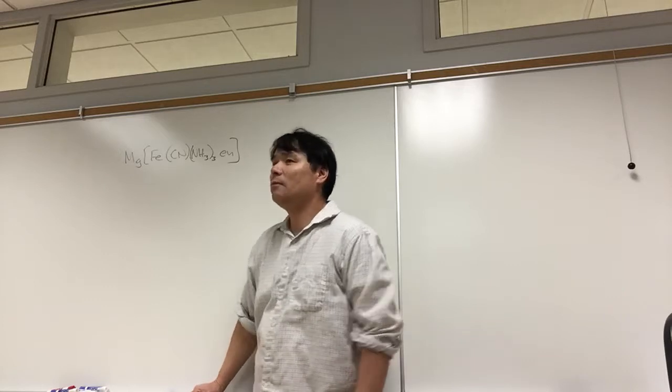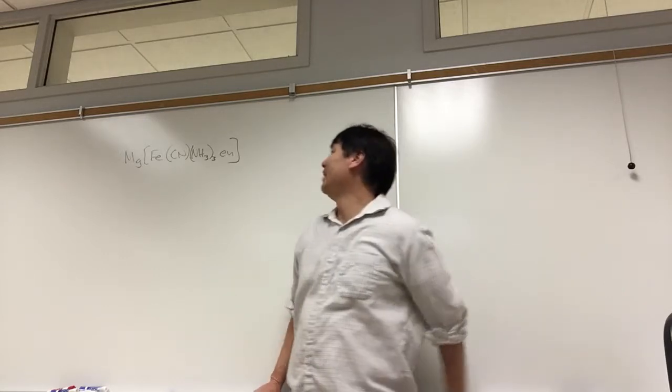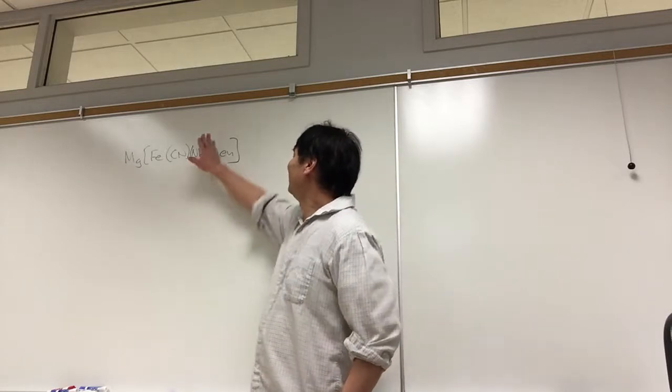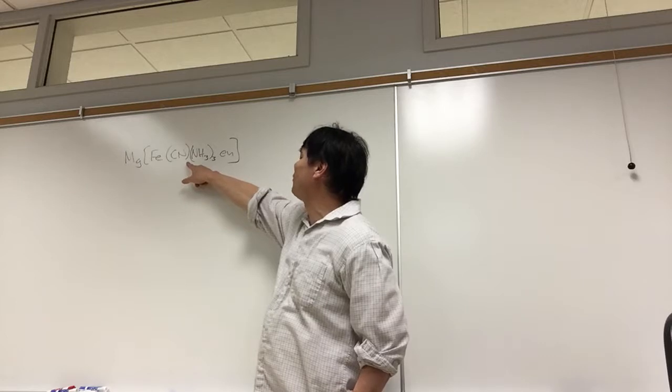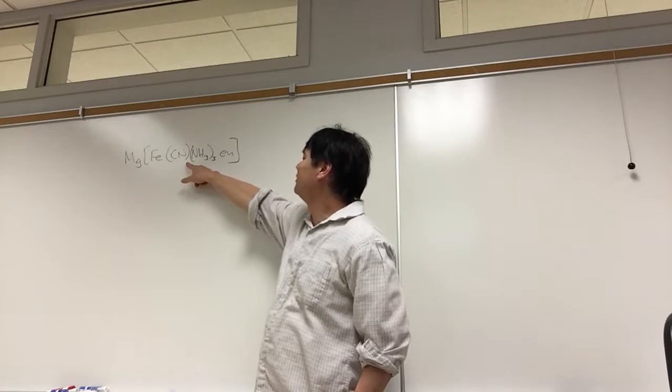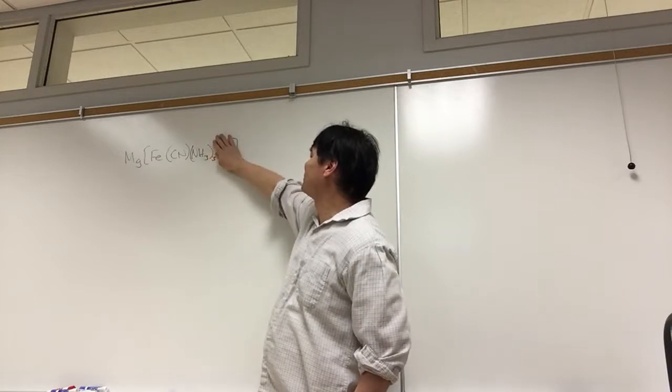What was it supposed to be? What do you think it was supposed to be? This can't be 4. This was going to be 3. It'd be 3 without the ethylenediamine, so that gives us a coordination number of 6.